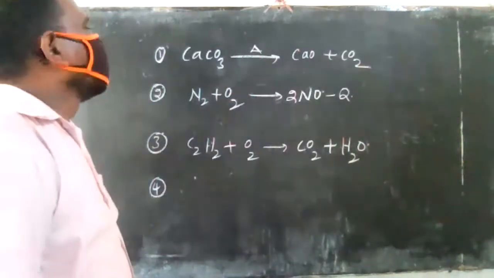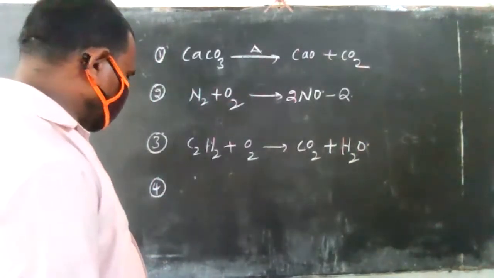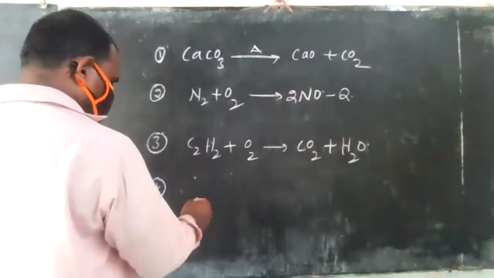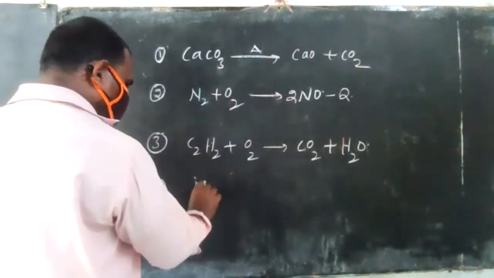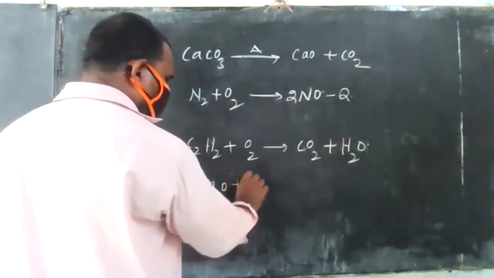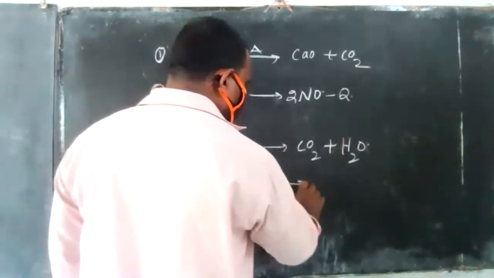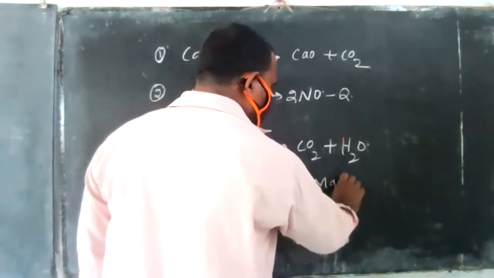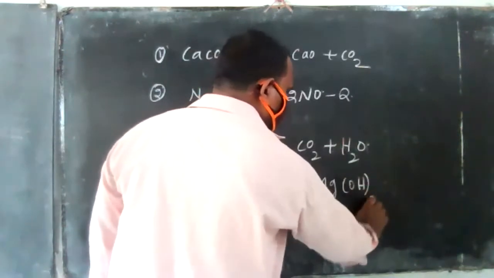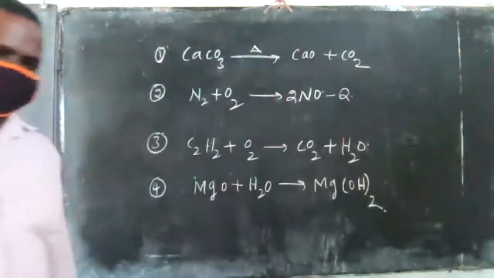Next, some more examples. Magnesium oxide dissolved in water to form magnesium hydroxide.